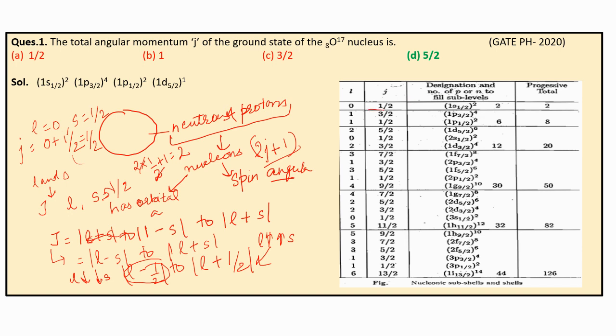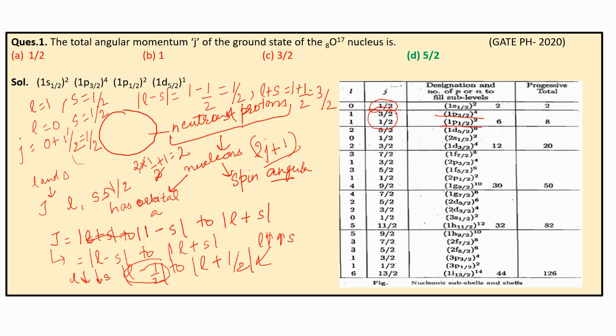If you take this case, L is 1 and S is equal to 1/2. There you will see L minus S is equal to 1 minus 1/2, which is 1/2. There is one state, that is 1p 1/2, and there will be one more sublevel, that is L plus S, 1 plus 1/2, which is equal to 3/2. That means 1p 3/2. So these two sublevels are because of this.